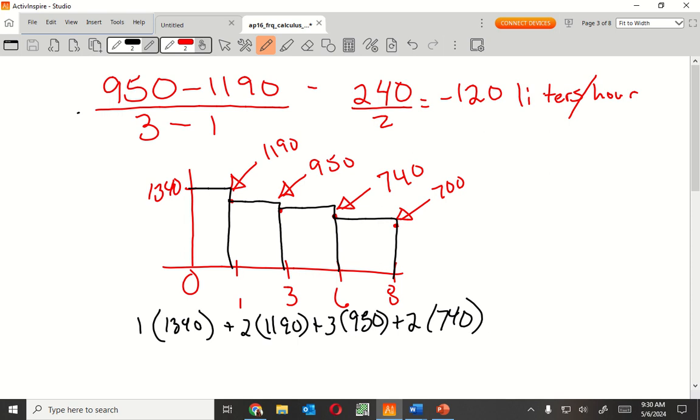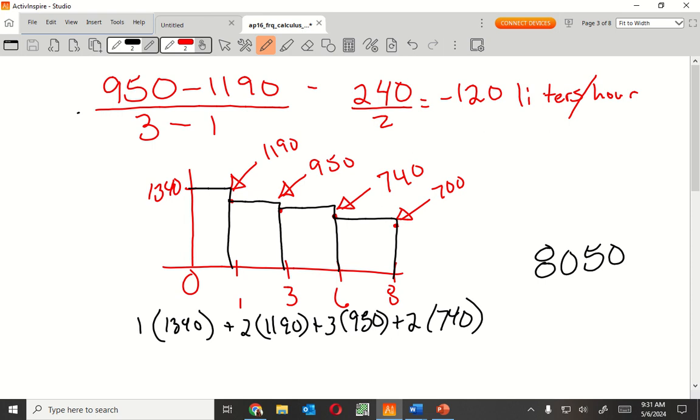Very good. All right, so if you could add those up for me. Put it in the calculator. Did you already get it? What'd you get? 8,050? Okay. So 8,050. That's good.